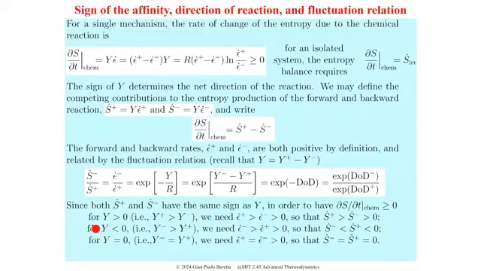Or if you have the affinity negative, or the degree of disequilibrium negative, this is the case in which the S minus is more negative than the S plus. And of course, at equilibrium, they are both equal to 0.